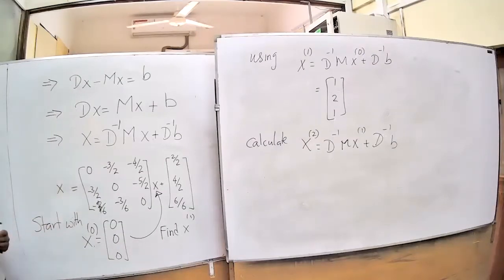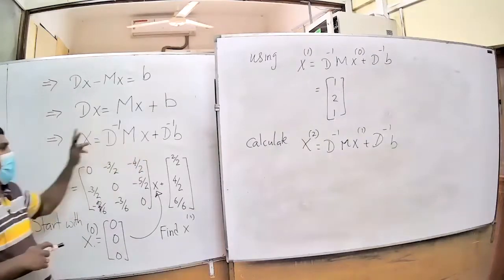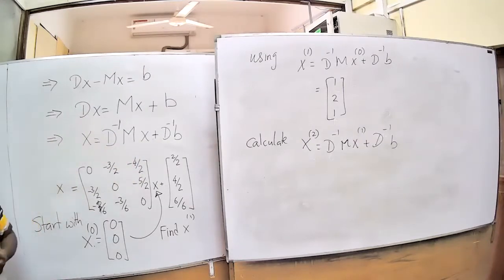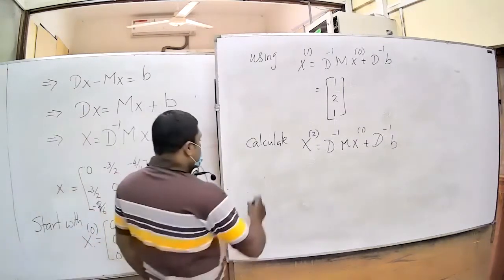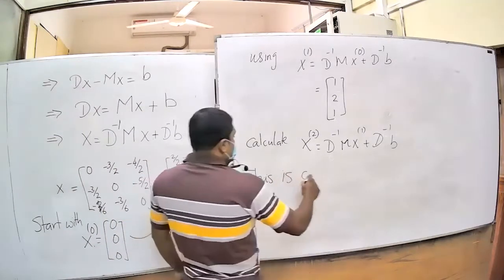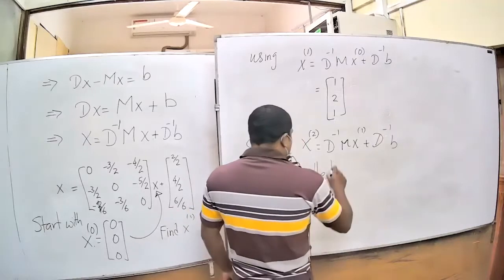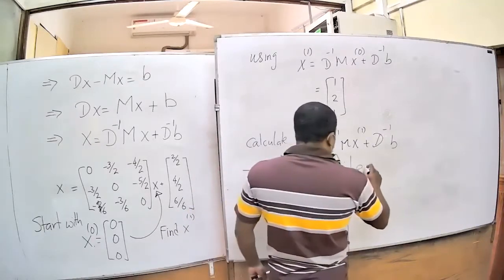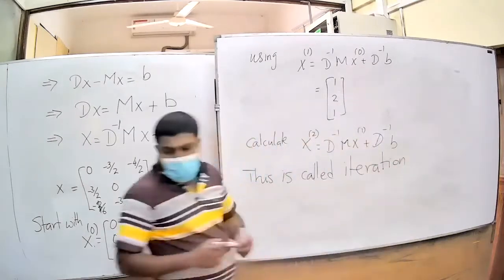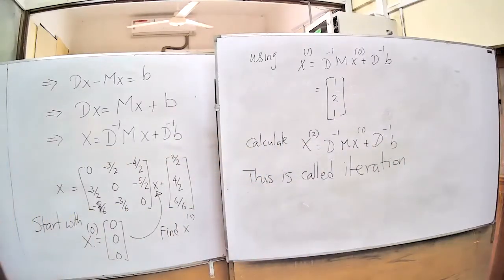You put X1 here now and get X2. And then put X2 here, you get X3. So this process is called iteration.